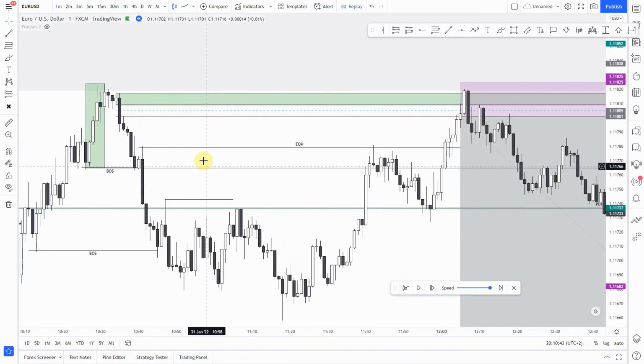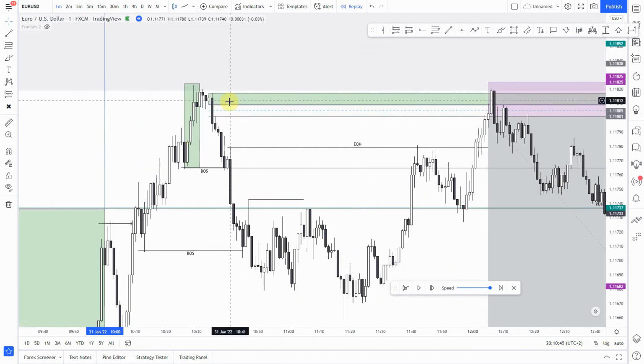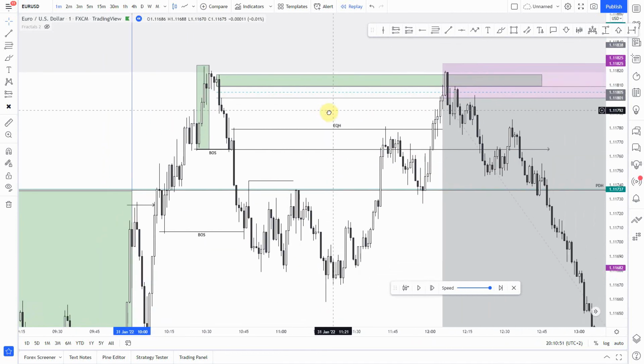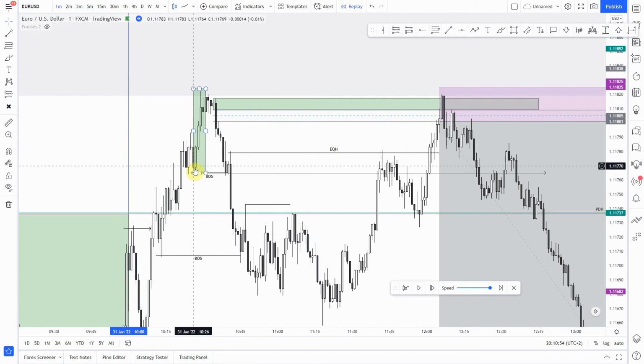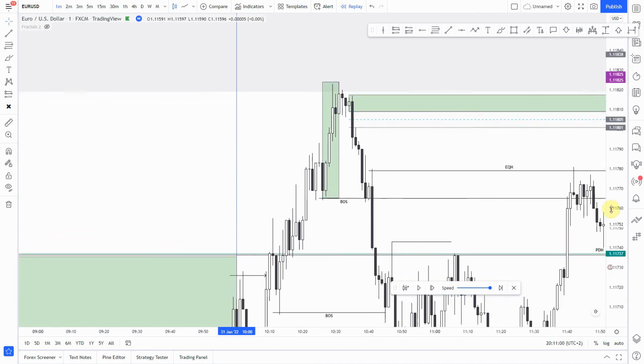I rather search for further point of interest within the candle for entry, so that I can optimize my entry. Okay, so what are the points of interest within this candlestick? This candlestick being the institutional candlestick, we are having a void.